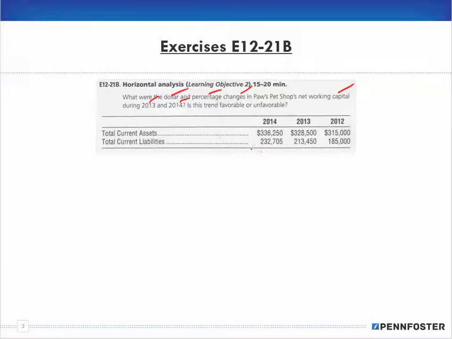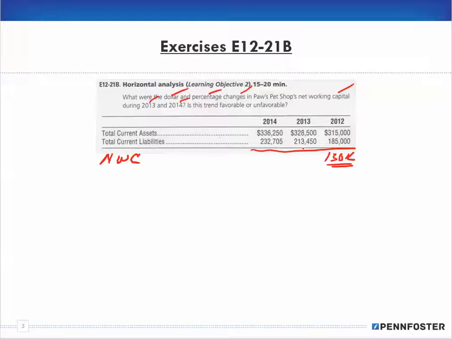Let's see here. We'll draw a line underneath here. My net working capital is the difference between my assets and my liabilities, right? So for each year, all I need to do is subtract one from the other. If I take 185,000 from 315, I end up with 130,000.